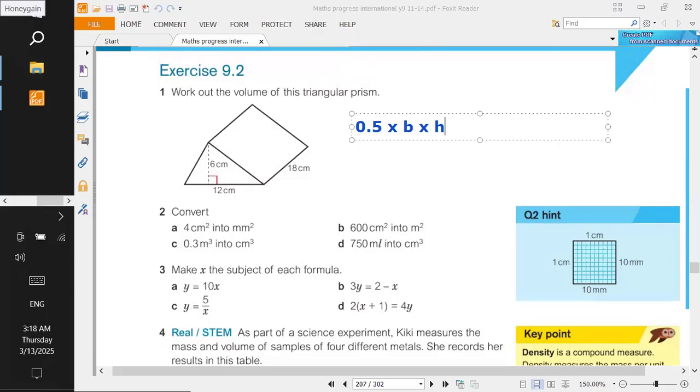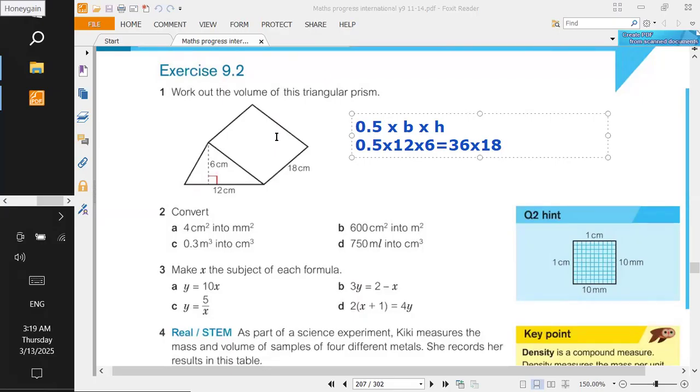So basically, let's do the area of a triangle first. 0.5 times the base, which is 12, times the height, which is 6. And the final answer is going to be 36. Now you're going to take the 36 and multiply it by the length of the prism, times 18.